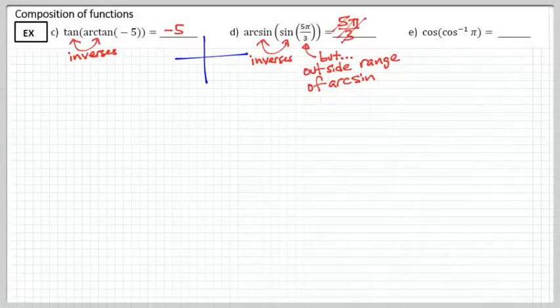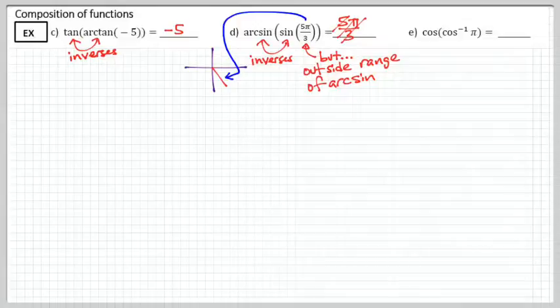So this is the angle. The angle is right here. This is 5 pi over 3, but that can't be the answer. Arc sine will never give you an answer that is outside of its range. So it has to return this value. The other expression is, if we were to subtract 2 pi from this, negative pi over 3.